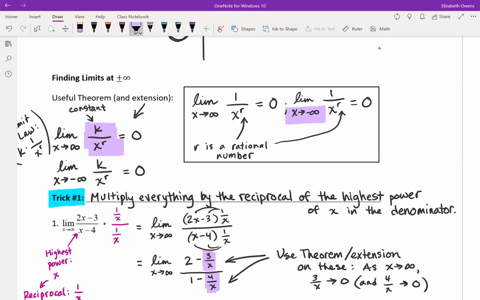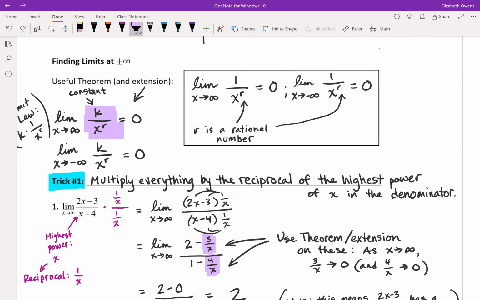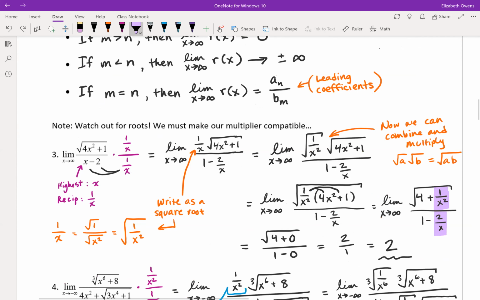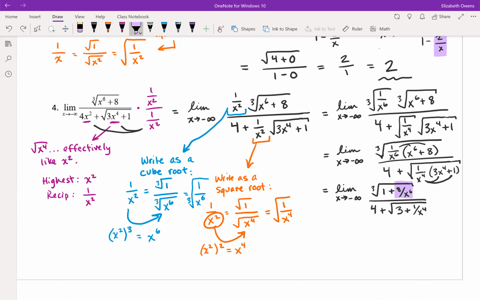Remember, this works with x going to negative infinity. The extension still works with x going to negative infinity. So essentially, it's the same type of thing going on here. 8 over x to the 6th is going to approach 0, and 1 over x to the 4th is going to approach 0. So we let them.